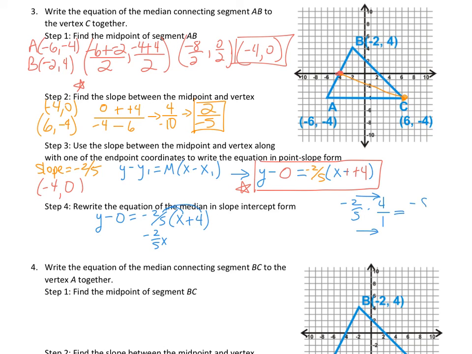So we get a negative 8 on top and a 5 on the bottom. So we have negative 2/5 x minus 8 over 5. But what makes it so much nicer is this minus the 0 just kind of disappears, and we just have to distribute, and that is it.